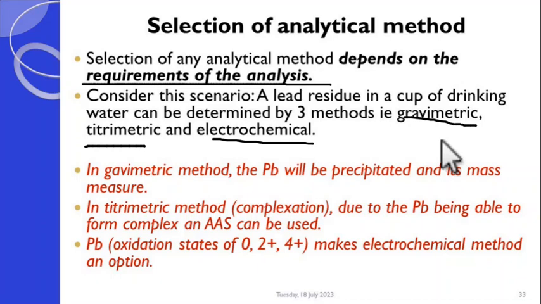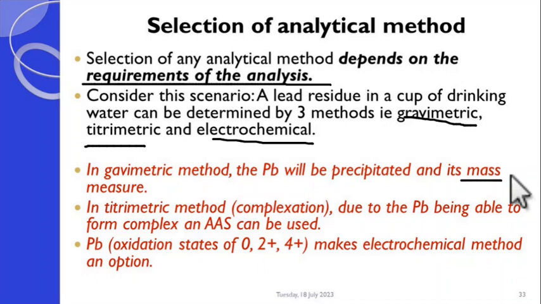Each of these methods would be chosen to determine the lead residue based on what the analysis wants. For example, if we are looking at the gravimetric method, then we are interested in the mass of the lead that is contained in the cup of drinking water. Hence, that is what is going to be measured.